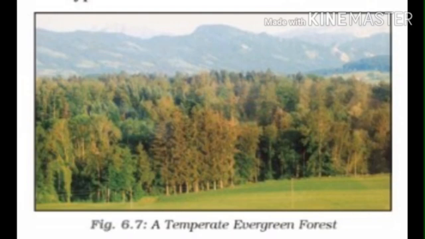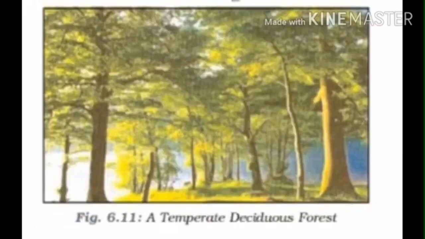Next one is temperate deciduous forest. These forests shed their leaves in the winter season. Trees of this forest have thick trunks and broad leaves. This type of forest requires a moderate temperature and rainfall.